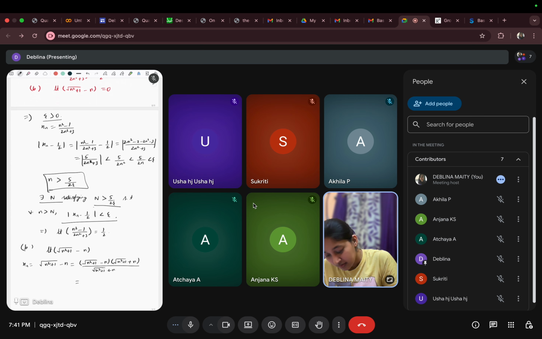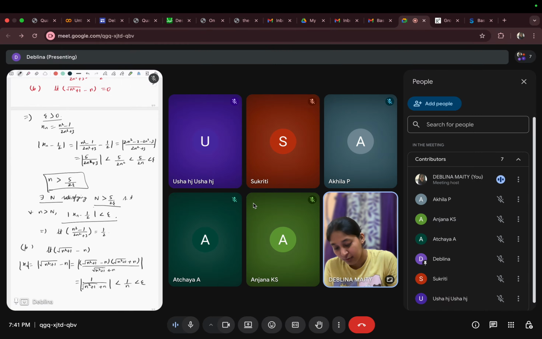So this is going to be 1 over, and this is nothing but, so mod xn is what? All these are positive, so this is less than 1 by n, and this is less than epsilon.